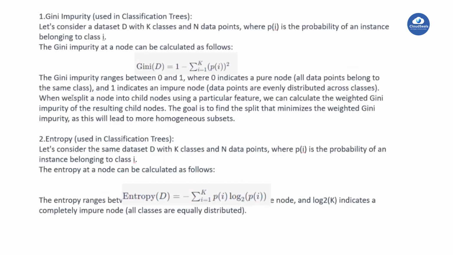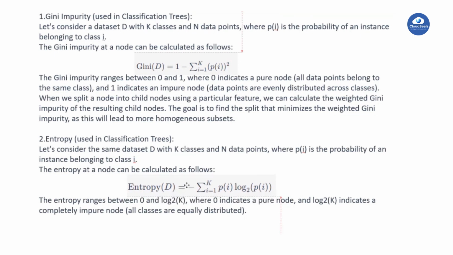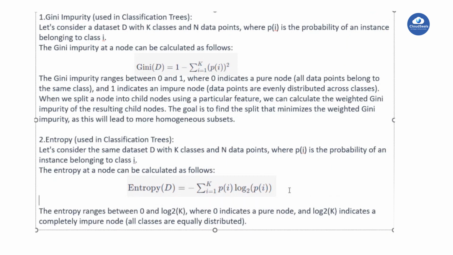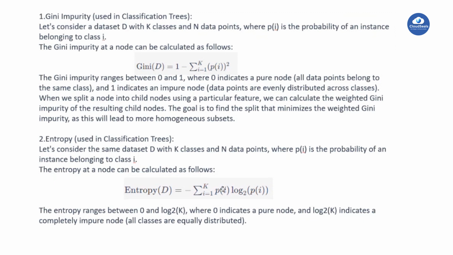That's why first I want to explain what Gini is, how we calculate the Gini index, and how we calculate entropy. Then, using the Gini index and entropy, we'll see how we judge which feature to select as the root.